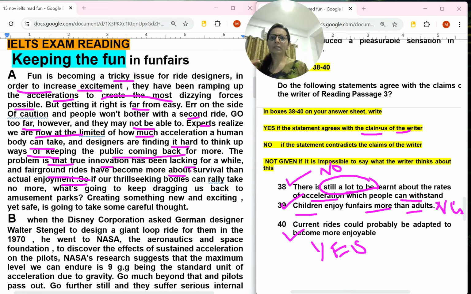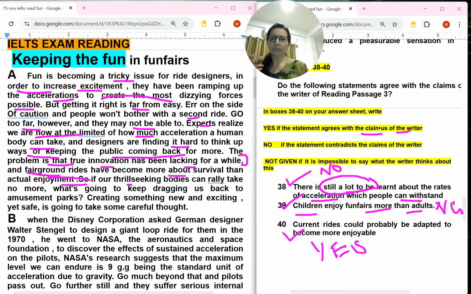Okay, so I think this is also saying the same thing. We can read it: the problem is that true innovation has been lacking for a while, and fairground rides have become more about survival than actual enjoyment. So current rides could probably be adapted to become more enjoyable.